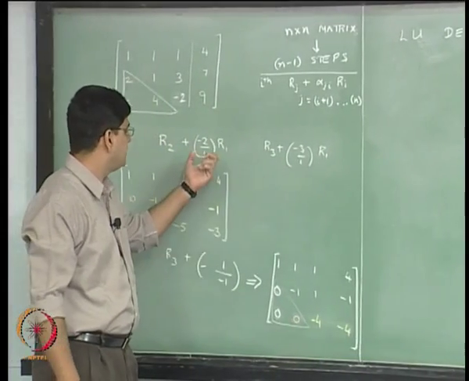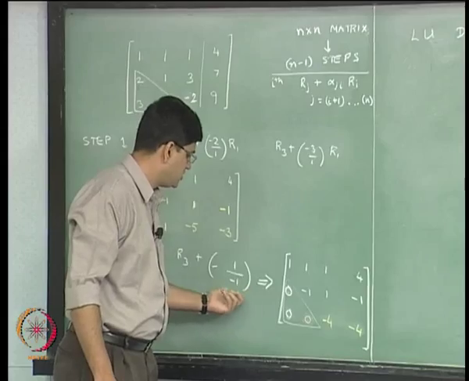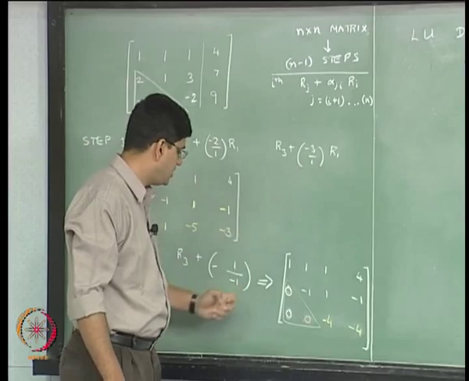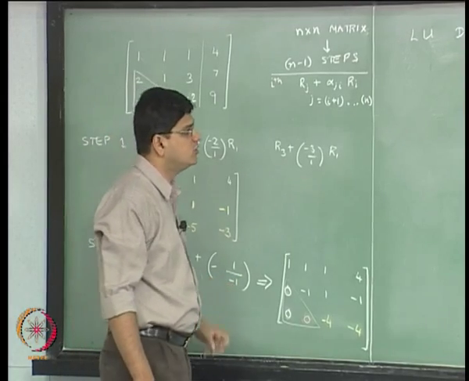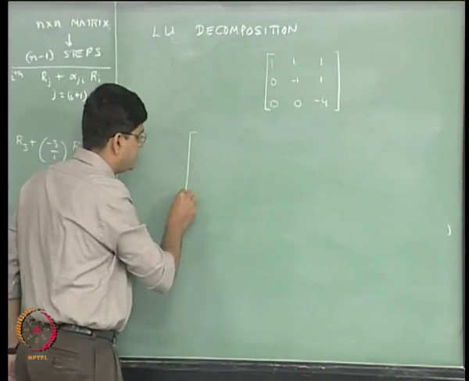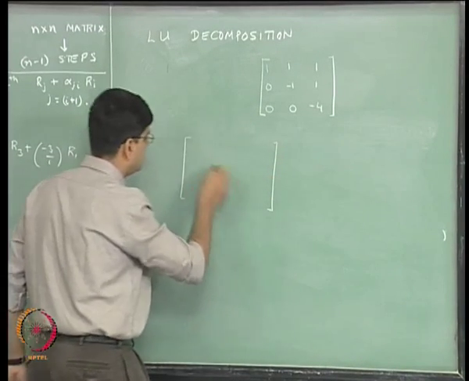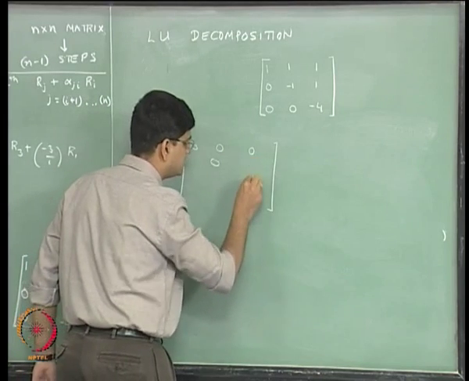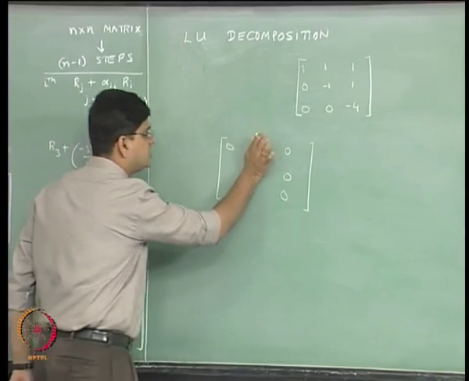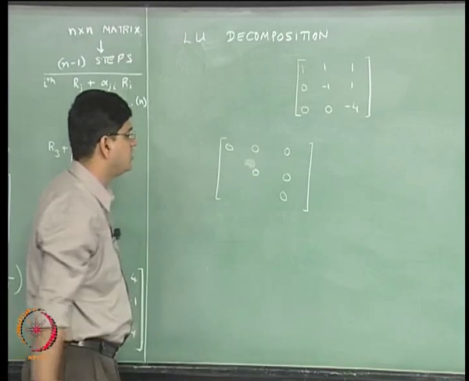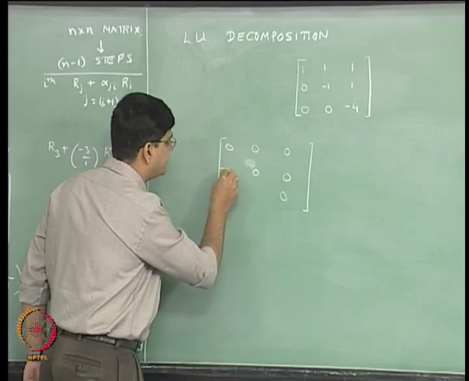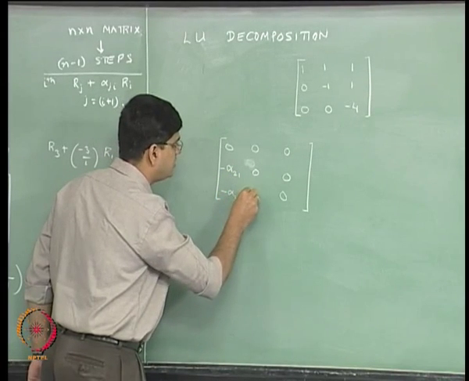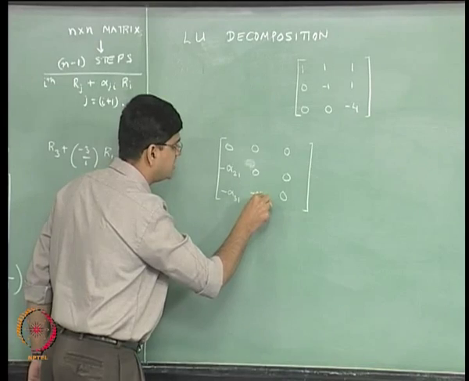Now what I will do is I will look at these coefficients. Okay, this was alpha 2 1, this was alpha 3 1, and this was alpha 3 2. Okay, and I will create a matrix which is going to be a lower triangular matrix, containing these alphas in the lower triangular elements, which I will write as negative of alpha 2 1, negative of alpha 3 1, negative of alpha 3 2.